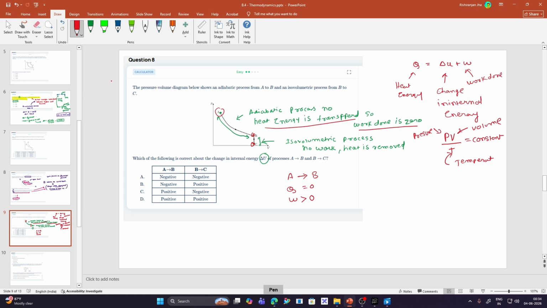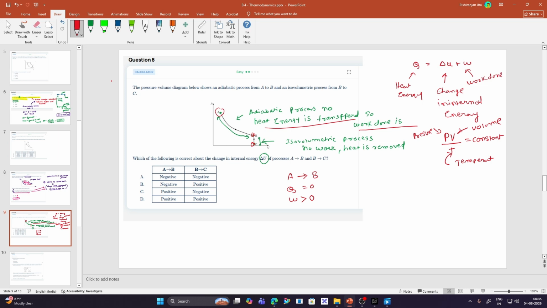Work is done on the gas from point A to B. So in the adiabatic process, no heat energy transfer takes place, but the work is done. So we know that the heat energy transfer is 0 and work done is always greater than 0 in case of an adiabatic process.